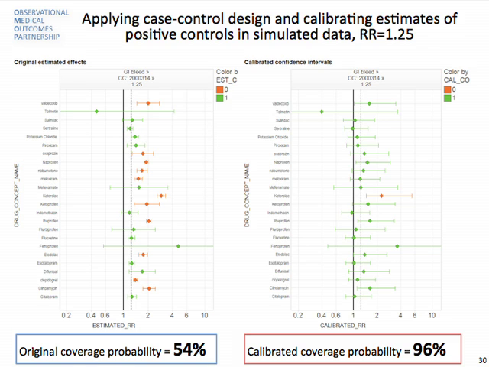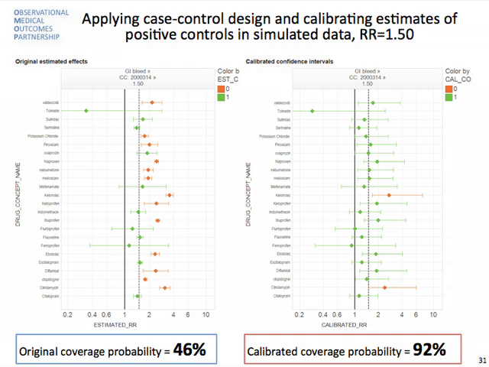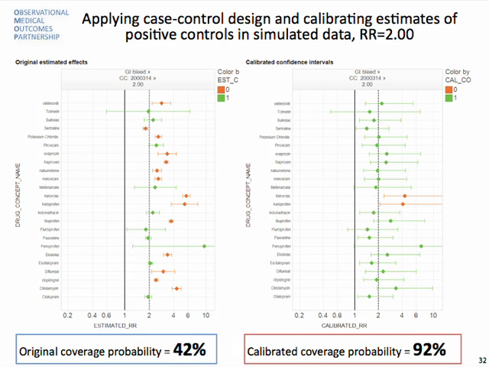Our calibrated coverage probability was, again, 96%. As we increase that to 1.5, again, our coverage probability is now up at 92%. Even though on the left-hand side the coverage probability of our nominal estimates is going down, we're able to maintain the stability of our calibrated confidence interval.